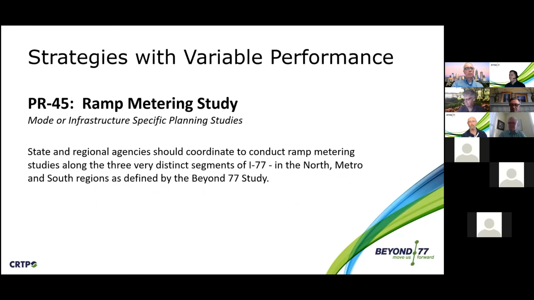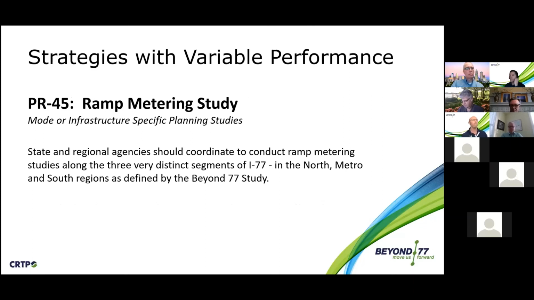So moving forward, we have a couple more to talk about. This is a little more direct and specific. This is a recommended planning study, and I'm not sure if there's ever been one done comprehensively along the entire corridor study area or not.